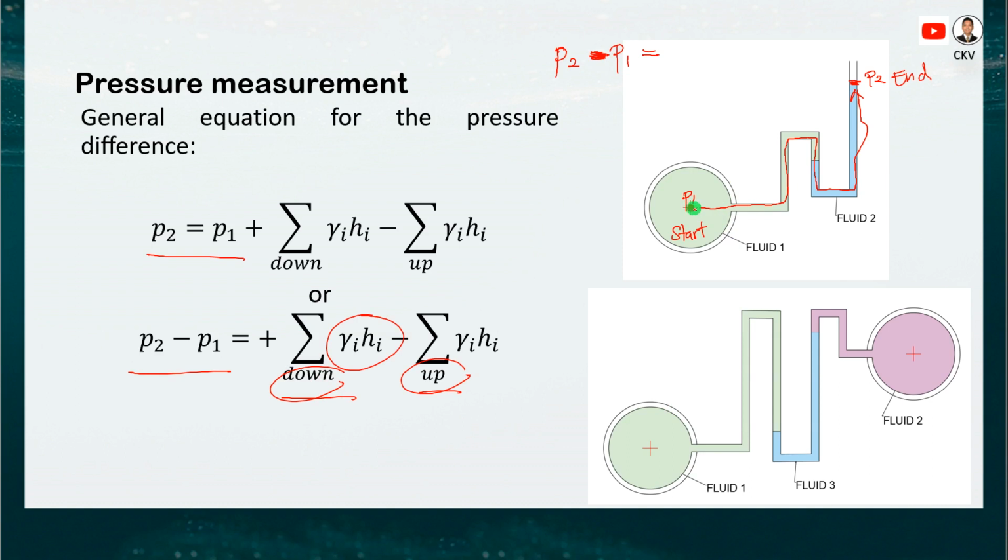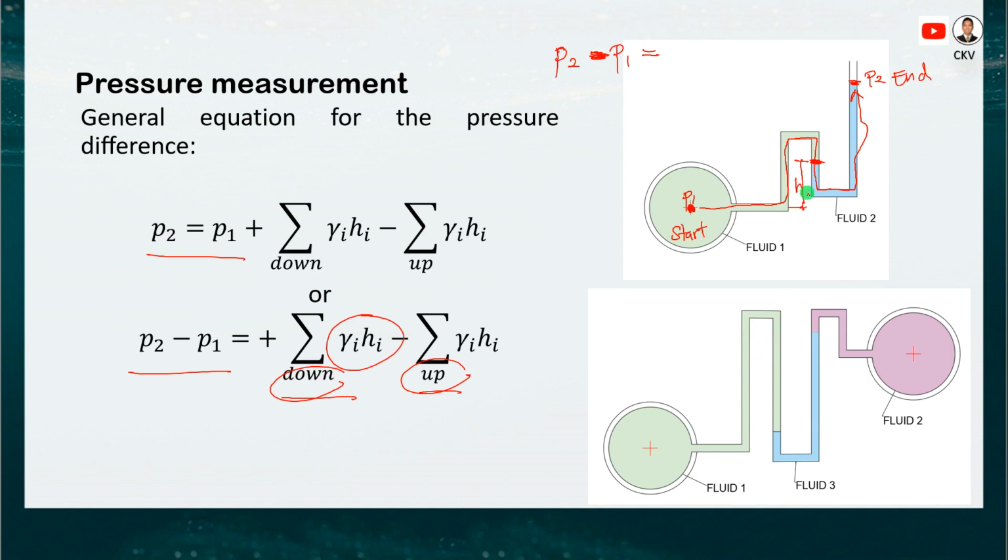Considering fluid 1, our starting point of fluid 1 is at P1 and it ends at the centroid of this conduit or this pipe, at this point. Okay, so that's the end point of fluid 1. Measuring the difference in elevation, or the vertical distance between the two, that's your corresponding H for that particular fluid.